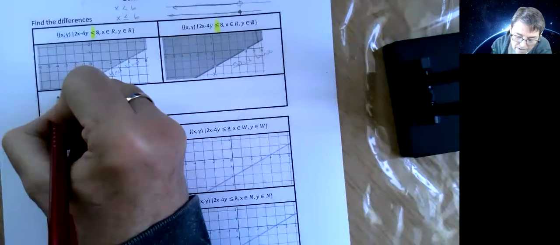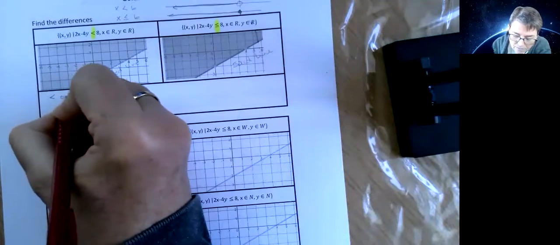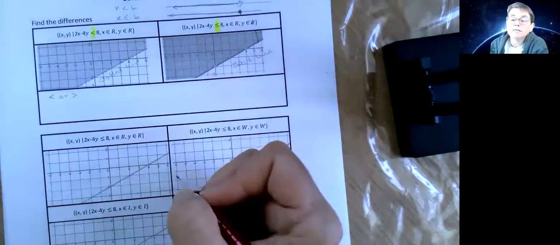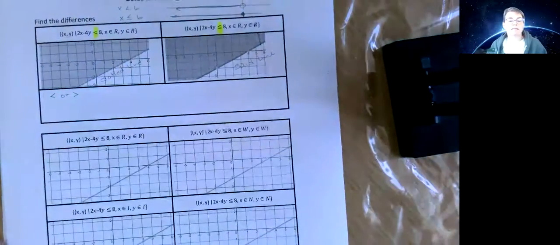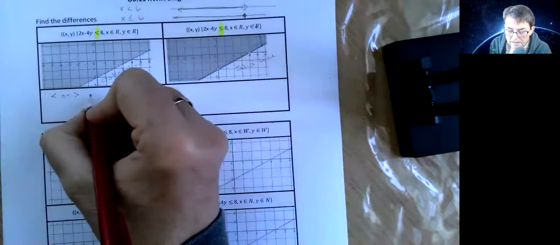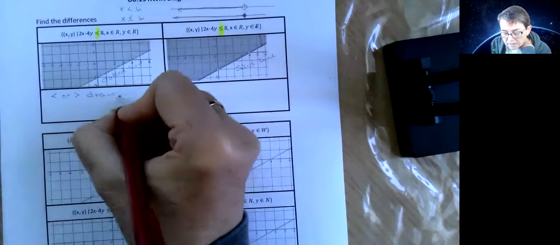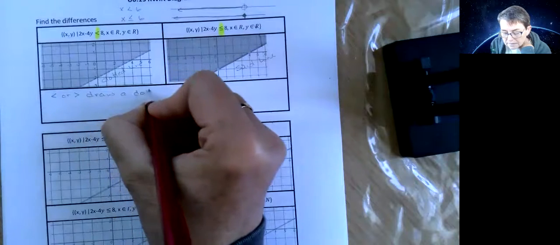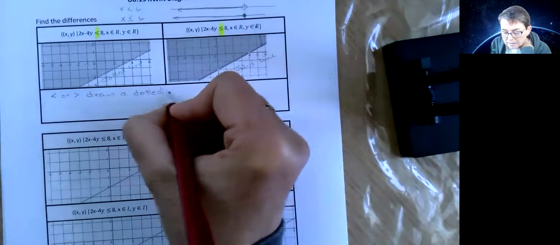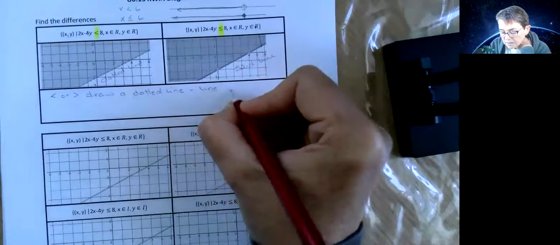So this one or this one, it doesn't matter whether it's a less than or greater than. When it's strictly less than or greater than, you draw a dotted line. The line is not part of the solution.